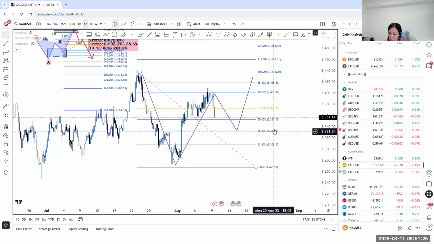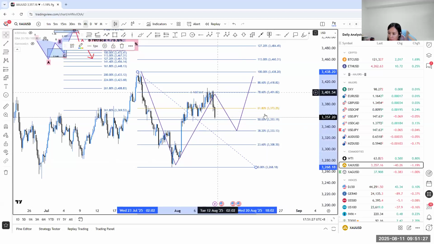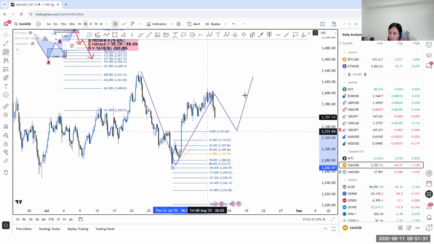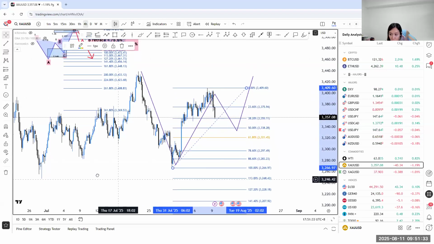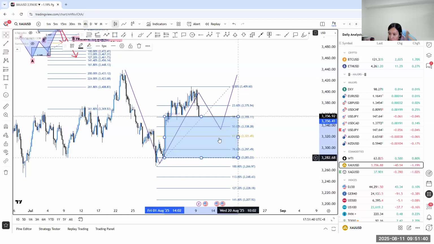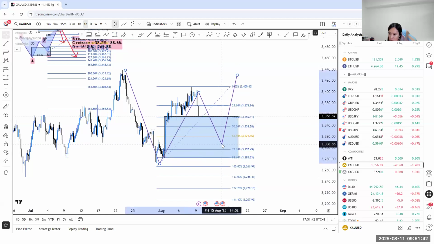Maybe I will look at that first. 78.6%. Now, if this is going to be the harmonic pattern, we don't know yet, okay? They can retrace anywhere from here to here.